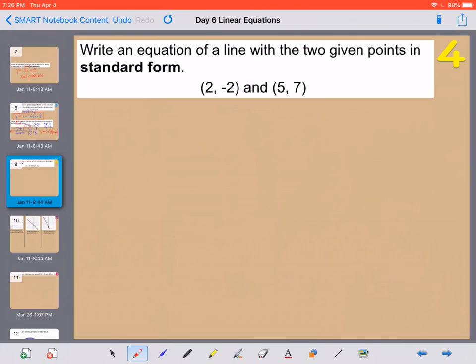Write an equation of a line with the two given points in standard form. Same thing, we need to find our slope. So we're going to do y2 minus y1. Well, y2 in this case is 7, minus y1, which is negative 2, so minus a negative 2.